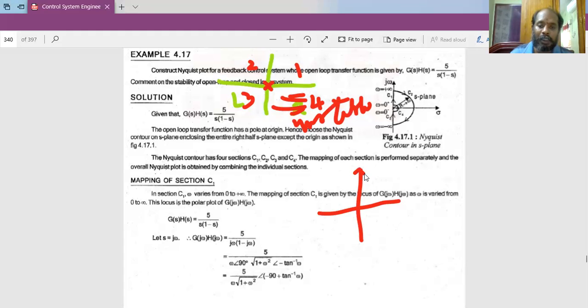This is your j omega axis, this is your sigma. For j omega, the angle is 90. If it is minus j omega, obviously it will be here, so you will have a minus 90.